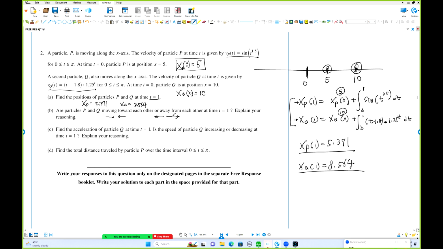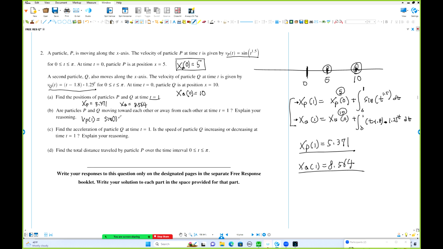So we're going to check their velocity at time t equals 1. Velocity positive means move to the right; velocity negative means move to the left. So velocity of particle P at time t equals 1: sine of 1 to the 1.5, which is still 1.